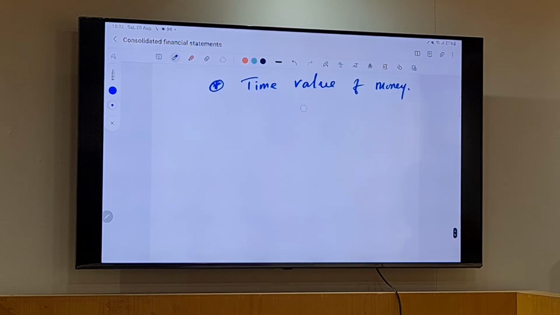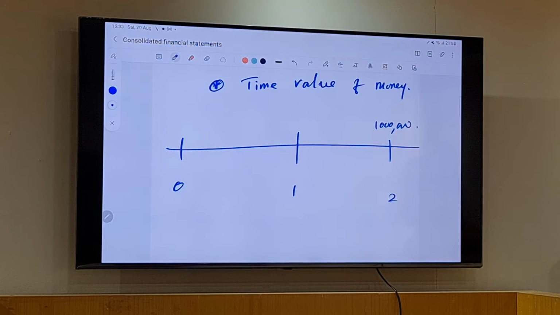What do you mean by time value of money? Year 0, year 1, year 2. You are going to pay here 1 million. But this 1 million in today's terms, is it 1 million? You are going to pay 1 million cash after 2 years. Is it the same as of now? Is the value big or less?